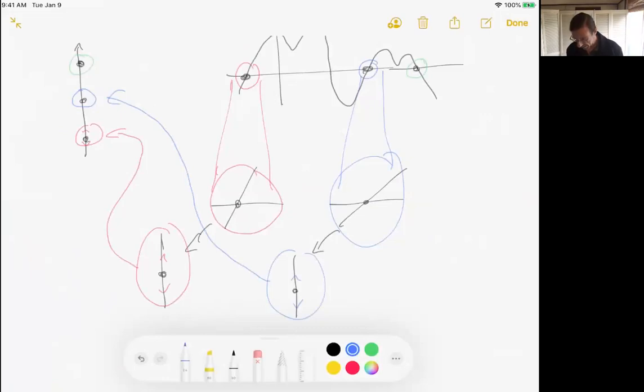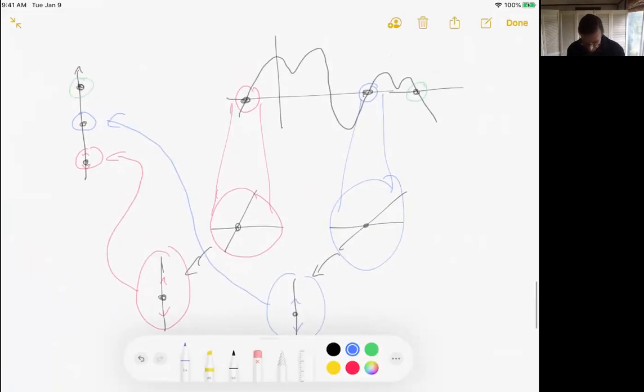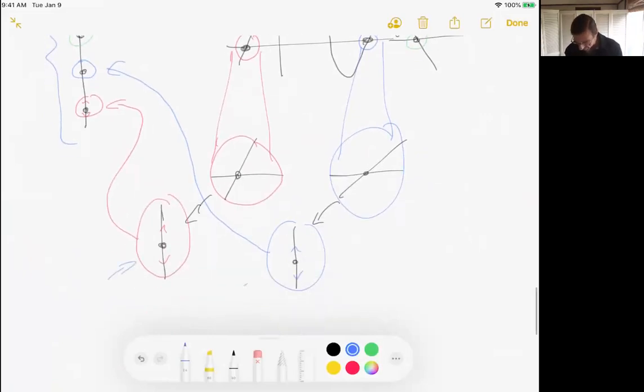Is that making sense? I'm trying to build this phase portrait by piecing together smaller phase portraits. And those smaller phase portraits are just the phase portraits of these linear systems. I'm trying to do this real slow to convince you that when we go into 2 dimensions, what we're doing is the exact same thing.